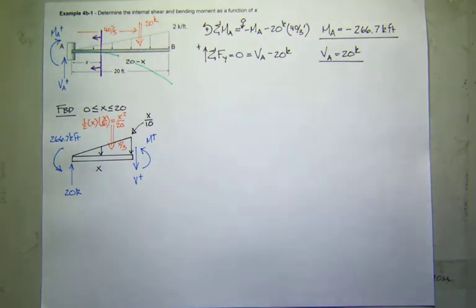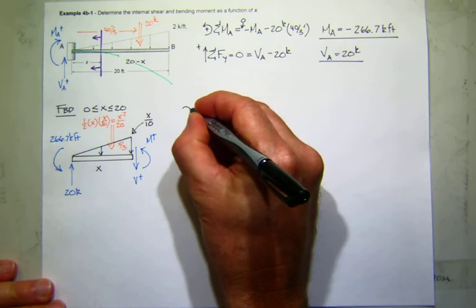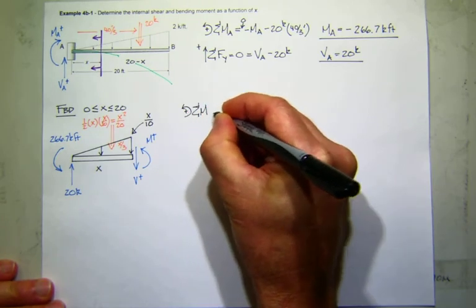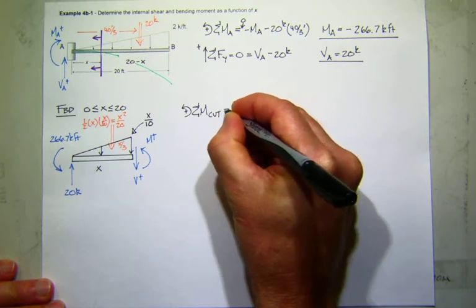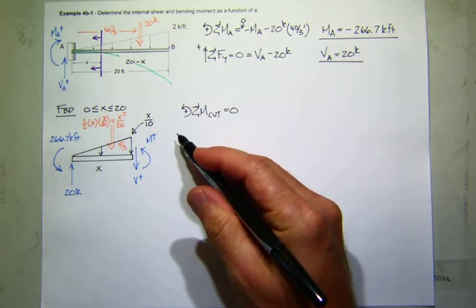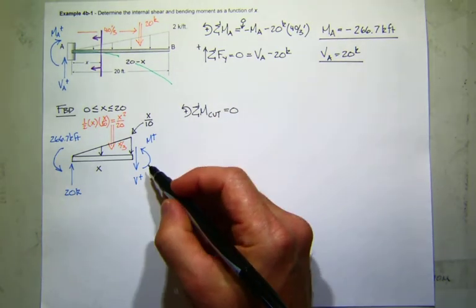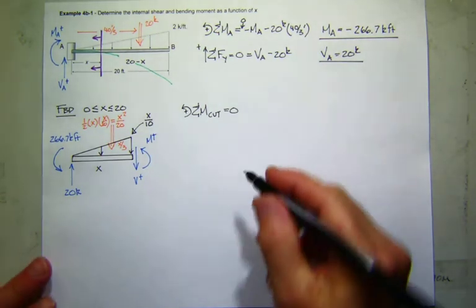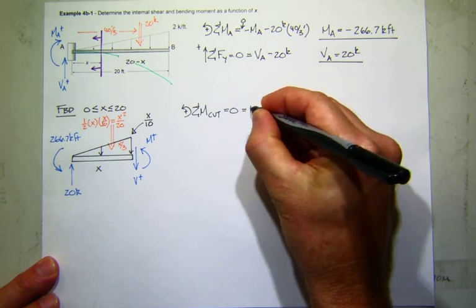So now we just apply equilibrium. So let's do what we've always done. Let's sum moments. And we're doing method of sections, so let's sum moments at the cut and make sure it's in equilibrium. We'll use right-hand rule for the sign convention. So what kind of moment is this with my sign convention using statics? Positive.